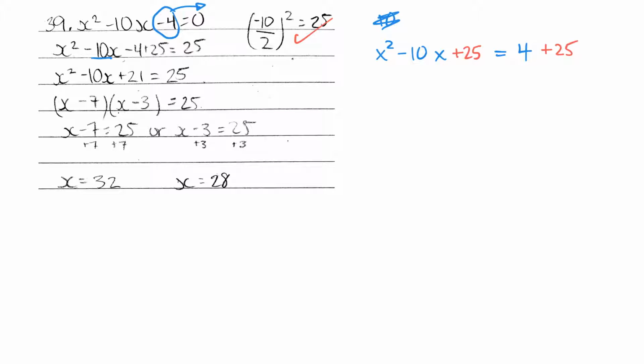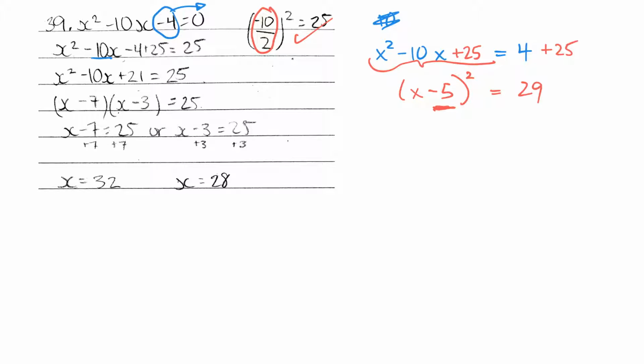So this part here is right. And then on the left side, whatever this is divided by 2 before you square it, that's what it gets put in right there. So negative 10 divided by 2 is a negative 5. That's where this negative 5 comes from, squared. So that's what this turns out if you were to factor it, is equal to 29.